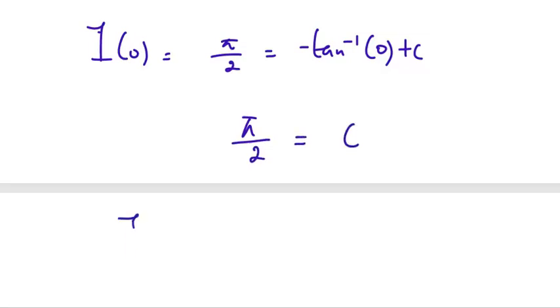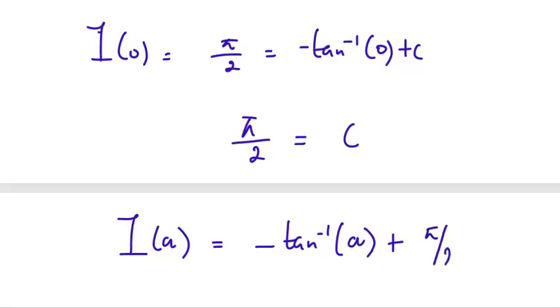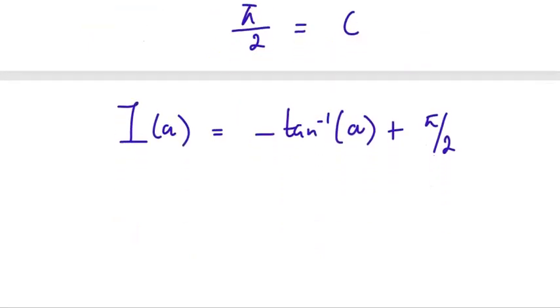That is cool. Therefore, our I of a is equal to the negative inverse tangent of a and then plus pi by 2. Now remember that a must be equal to 1 for us to get the solution to the integral.